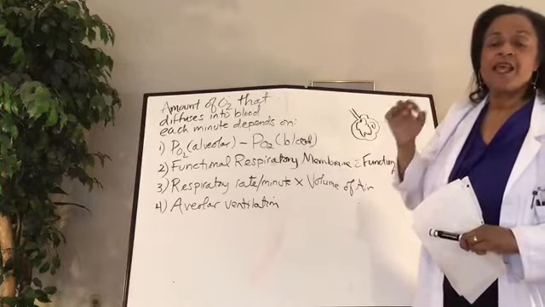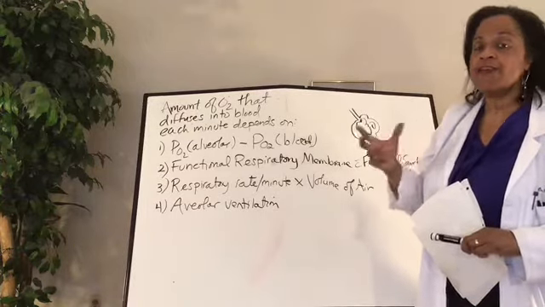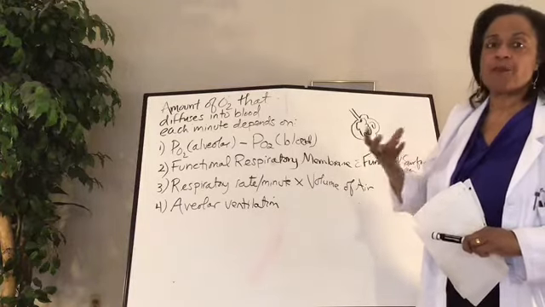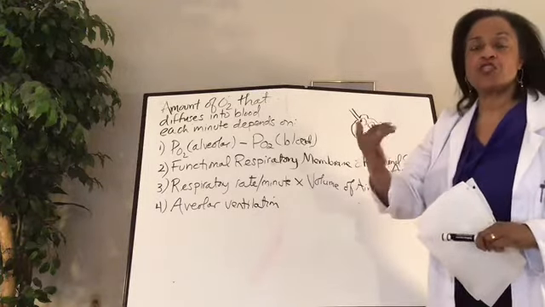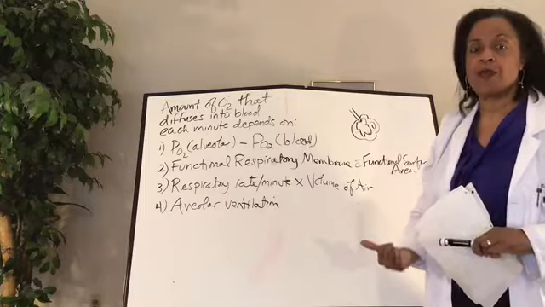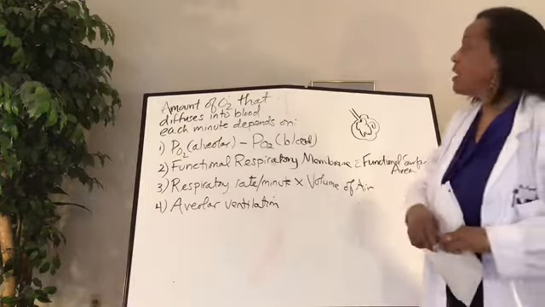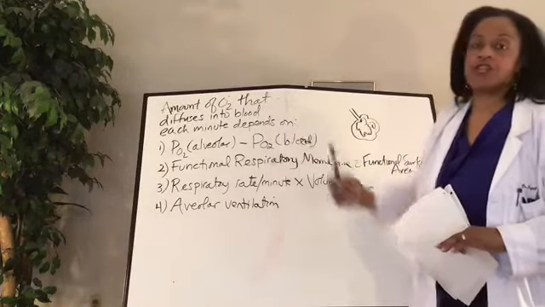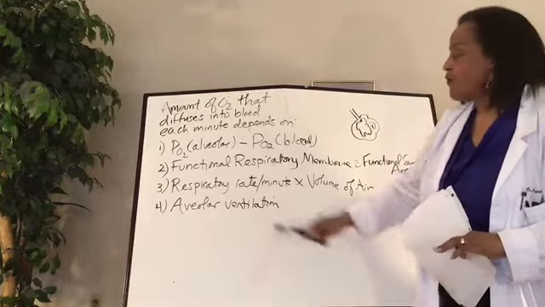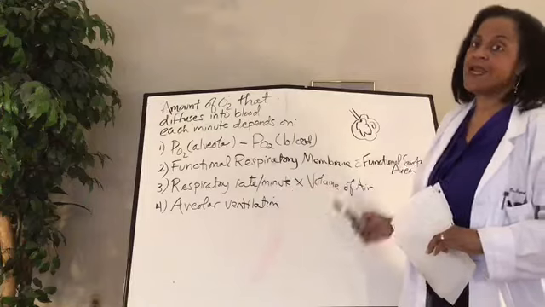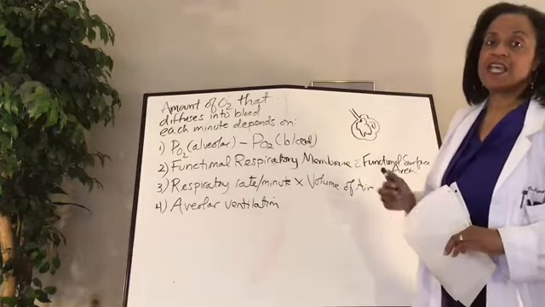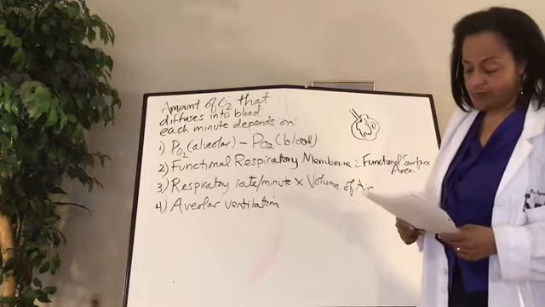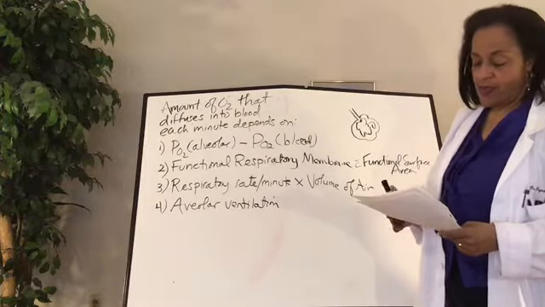I say that to say that if a person is sedated, or even if they aren't sedated but they're taking morphine or some type of drug like that, it's going to reduce your respiratory rate, which will then affect the amount of oxygen that's going to diffuse into the blood each minute. If your respiratory rate is lower, you're not going to get the amount of oxygen into the blood that you normally would when your respiratory rate was normal, right?